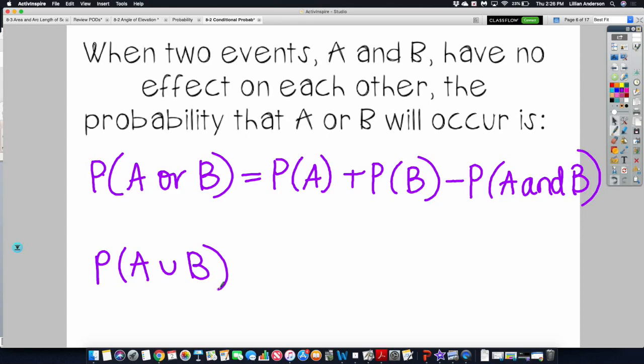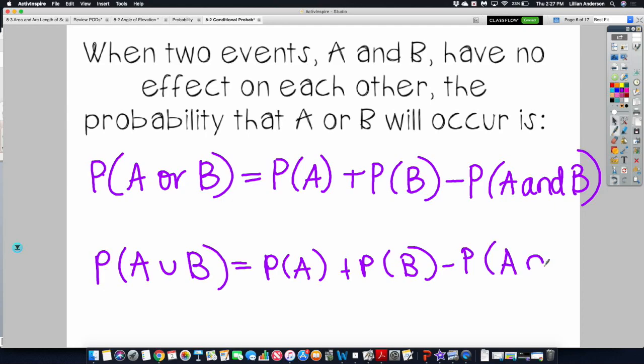I'm not talking about the letter U where you bring down the tail end. It's just a little swoop up. And the and is the opposite. It looks like an N, but it doesn't have that little straight part to represent the N. Those are the symbols associated with or as well as with and.